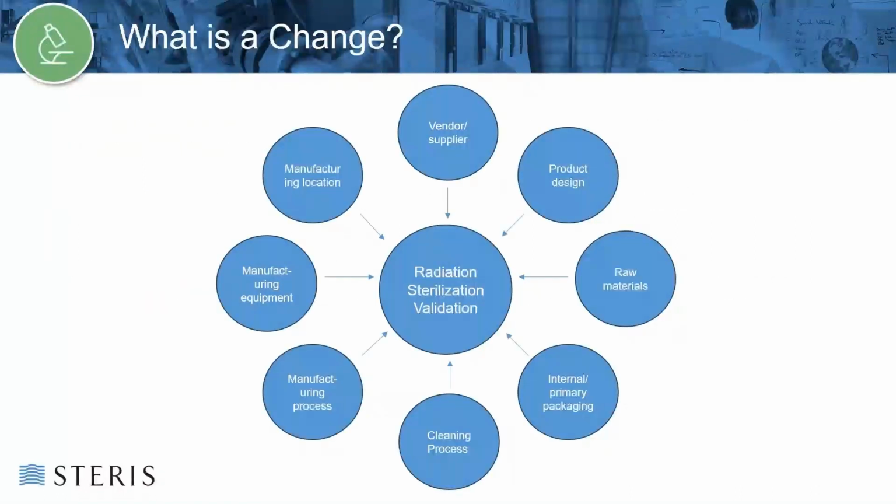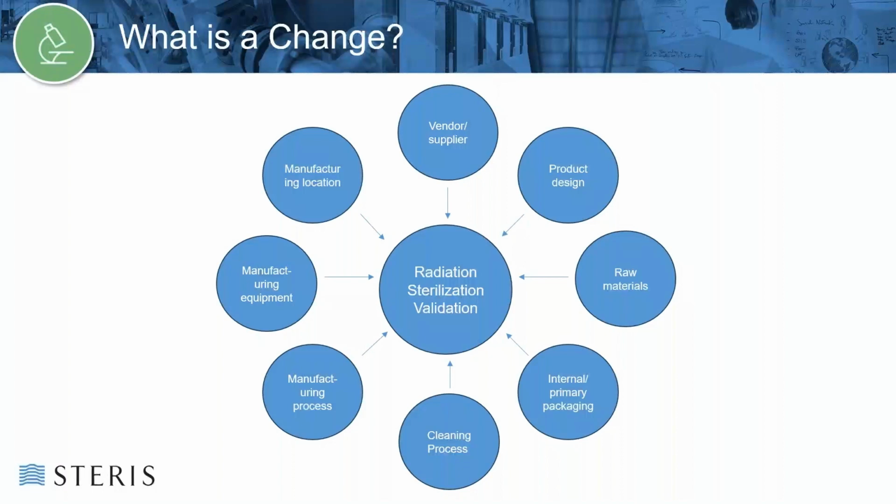So what types of change might a manufacturer encounter? We could have a change in environment, which could be a change in manufacturing location or a change in cleanroom classification, perhaps. We could have a change in product design or materials, which could include change in vendors as well.